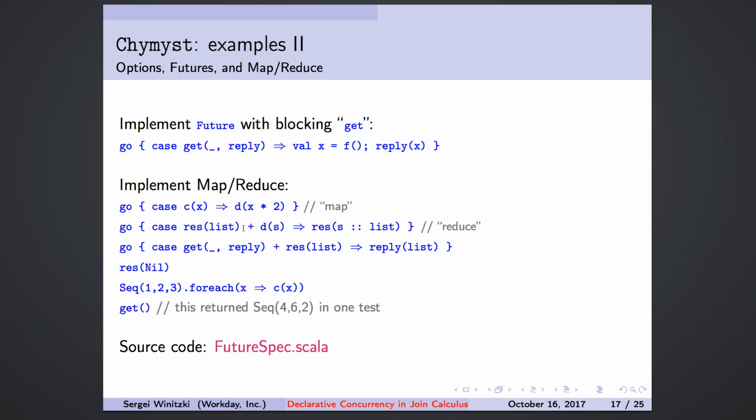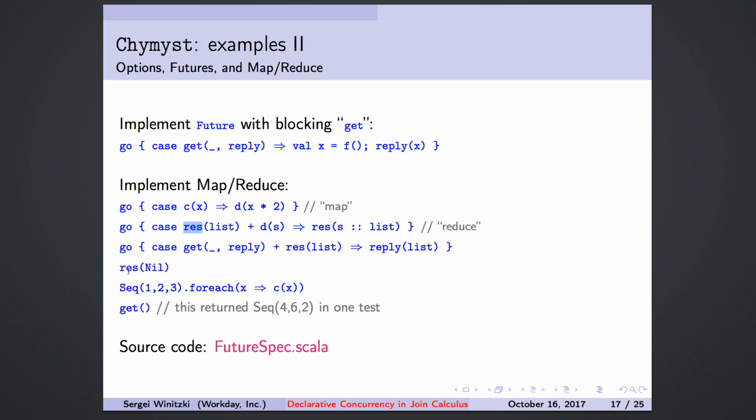The second reaction will accumulate the results in a list. So the res is the molecule that has a list value. And once it gets one of those results, it will accumulate the results. So this is going to be single-threaded, but that's just a reduce part. Reduce can be done multi-threaded, but it's more complicated.